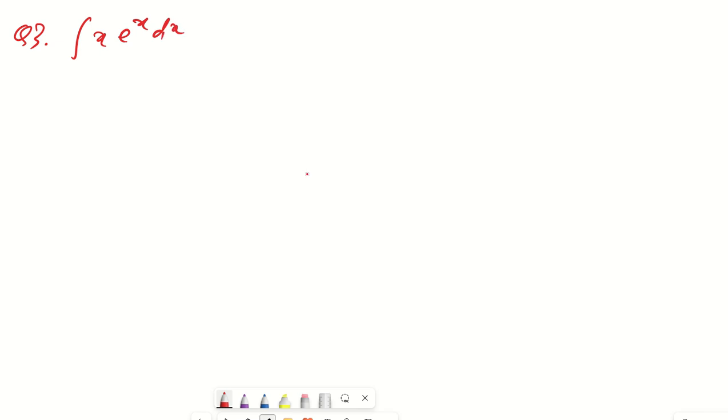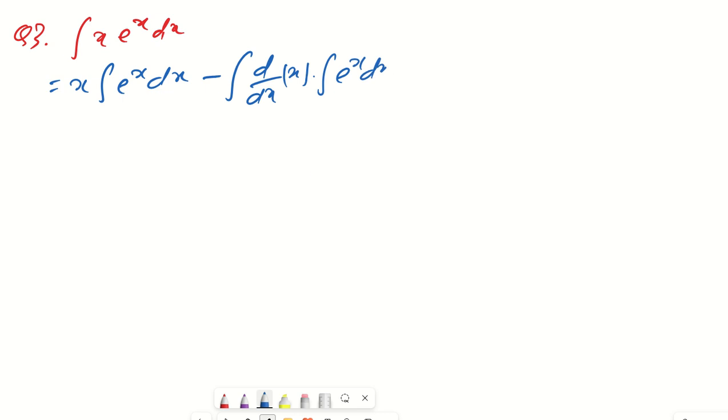So what shall we do? Since differentiation of x is easy, I'll take that as the first function. So what I can do is x into integration of e to the power x dx, minus integration of differentiation of the first function, that is x, into integration of the second function, whole integration.